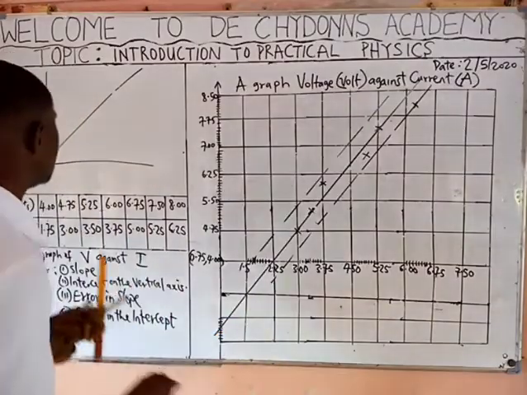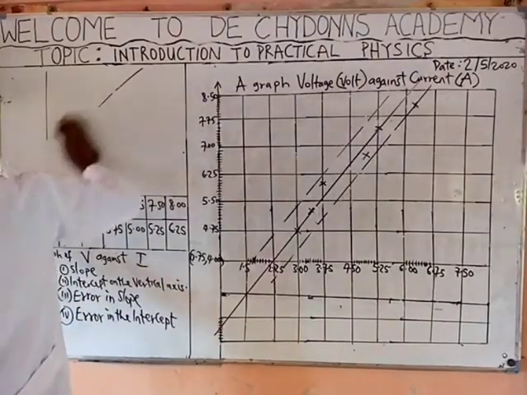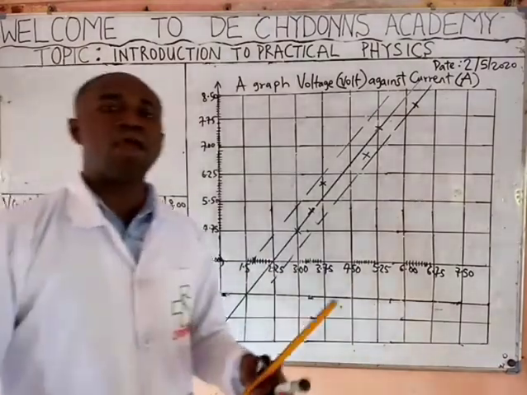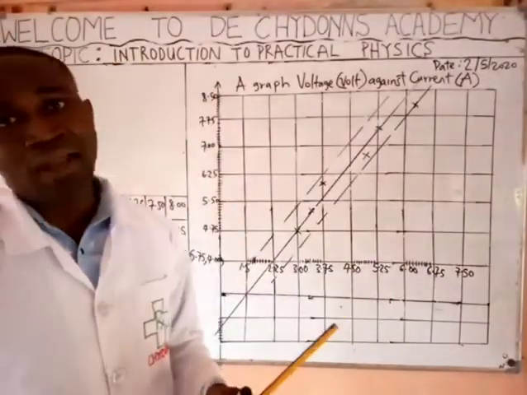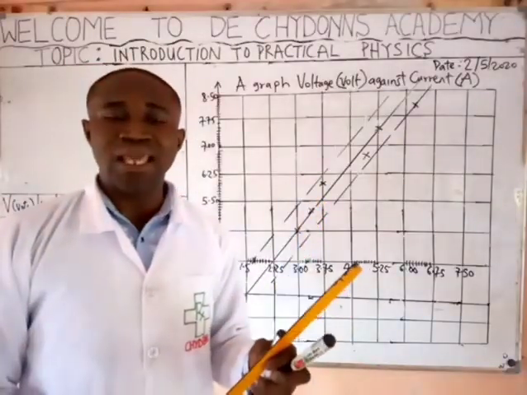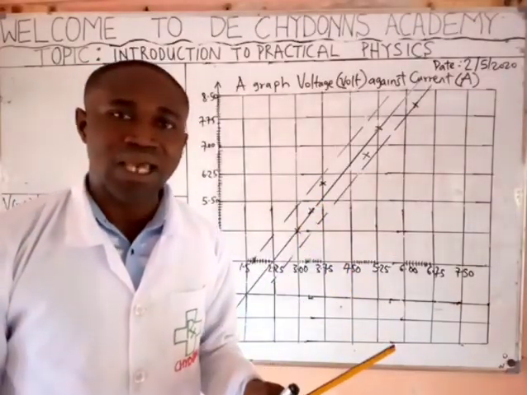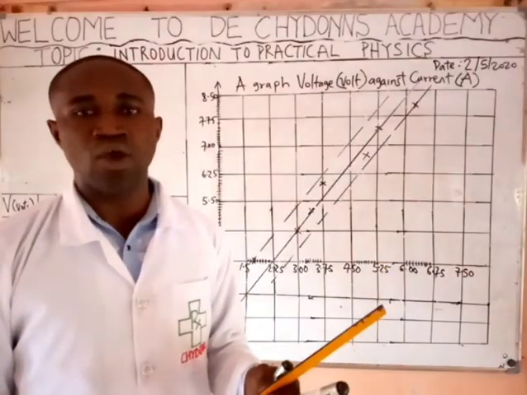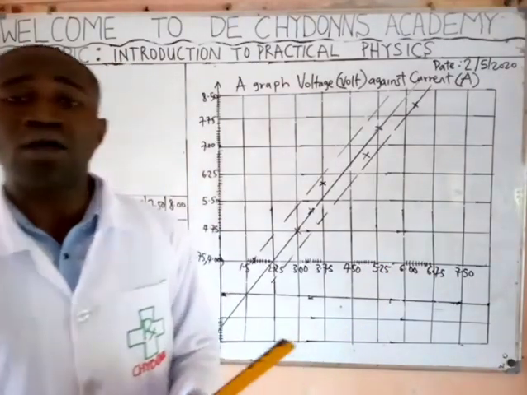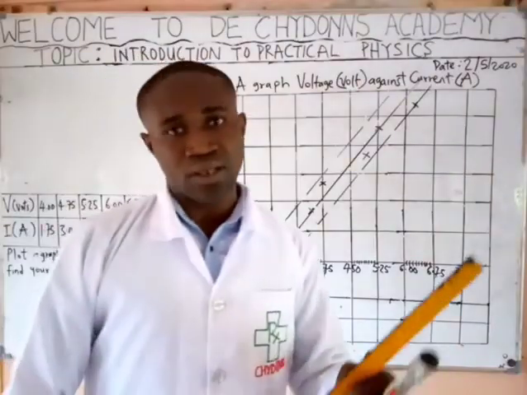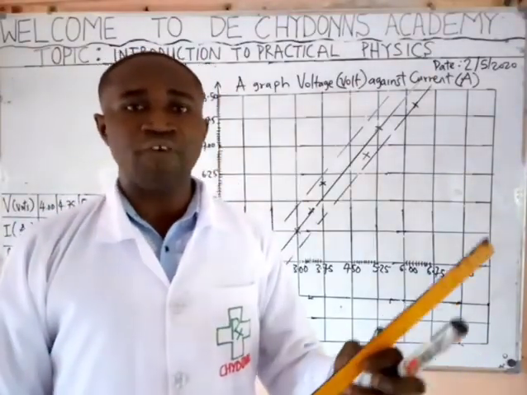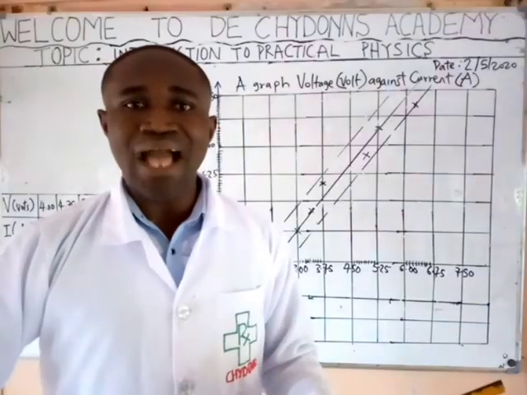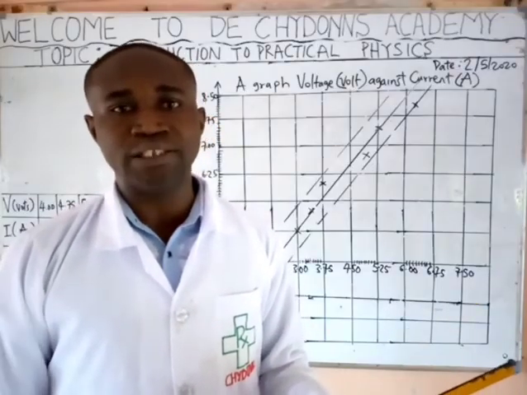Okay? So after plotting your graph, you can be asked to get your slope, the error in your slope, then the intercept on the vertical axis, and the error in the intercept. These are questions you can be asked. Because none of us is perfect, we are bound to make mistakes, so we can encounter error while running experiments.